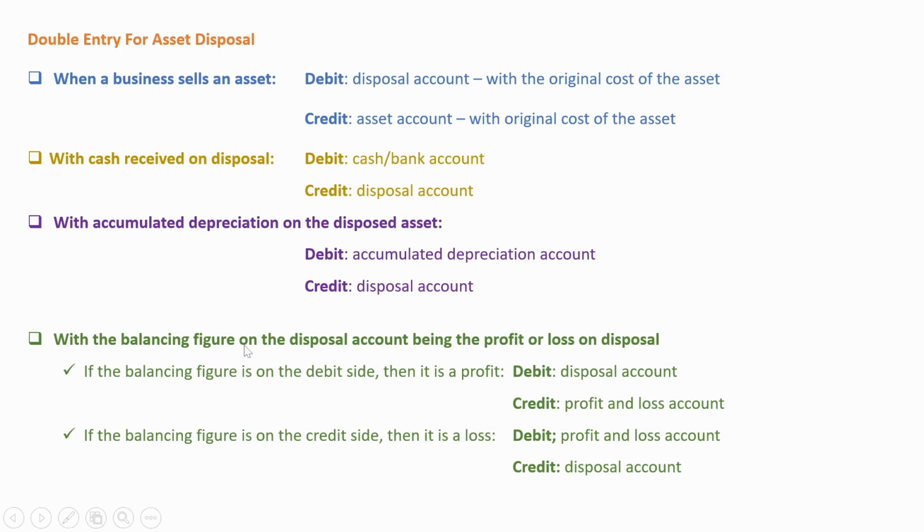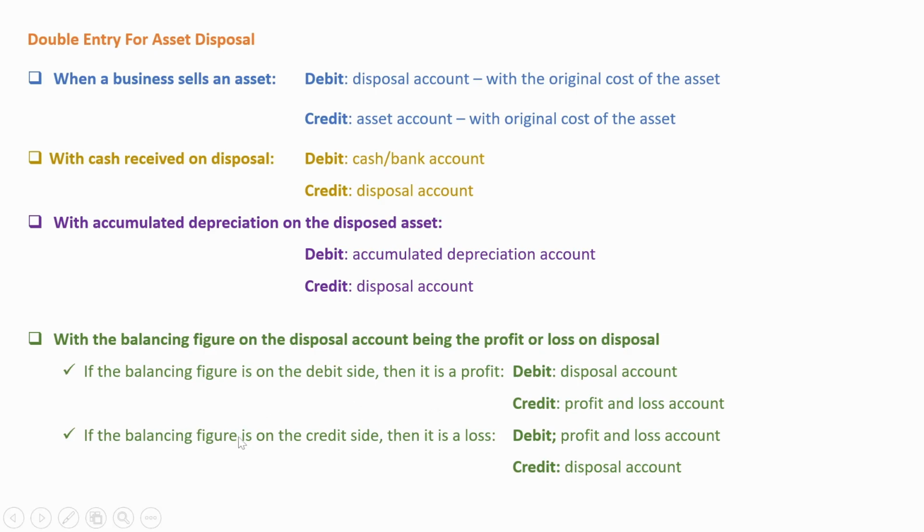So with the balancing figure on the disposal account being the profit or loss on disposal, this is how you are going to account for it. If the balancing figure is on the debit side, then it is a profit. So if it is a profit, you debit disposal account and credit profit and loss account.